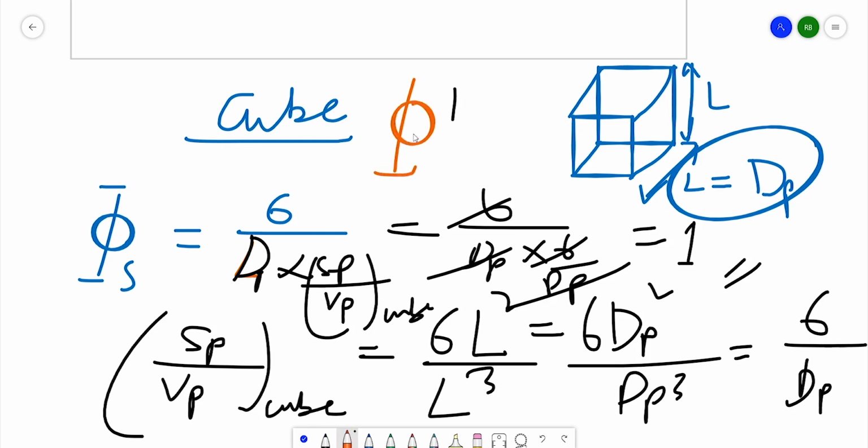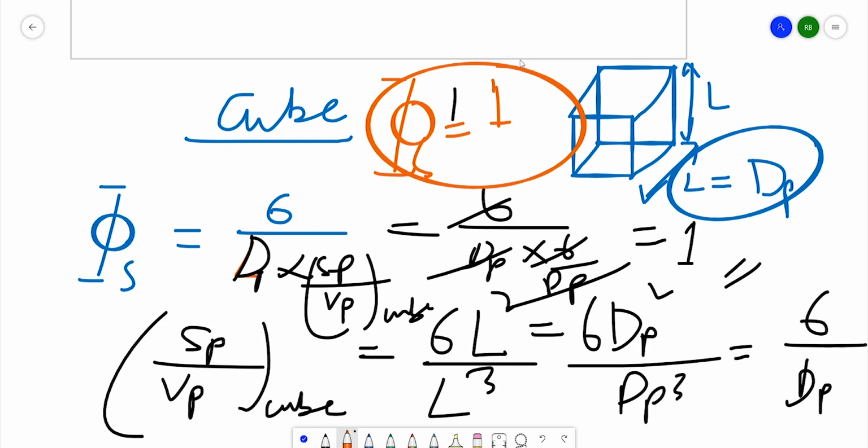What do you mean by the sphericity of a cube being 1? It means the cube is almost similar to a sphere.